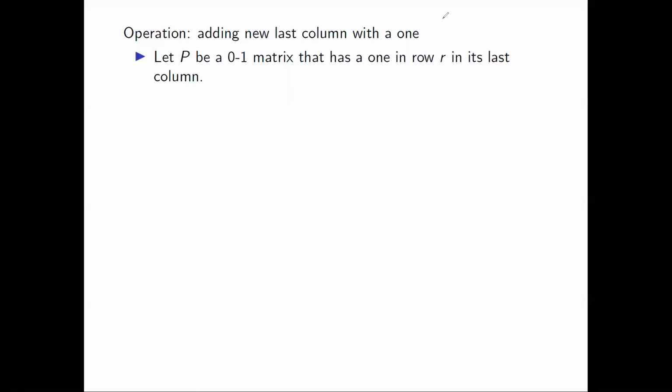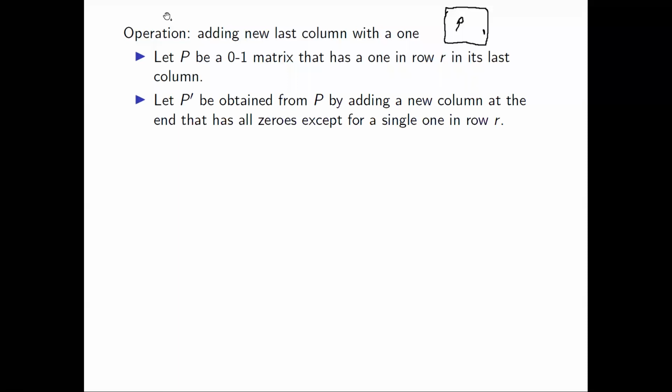So we'll say that P is a 0-1 matrix that has a 1 in row R in its last column. So I'm going to draw P here. Just have a 1 somewhere in this last column. Suppose it's in some row R. Then we define a new 0-1 matrix.